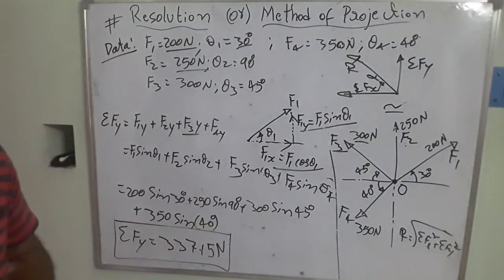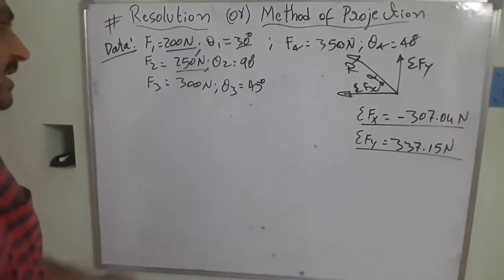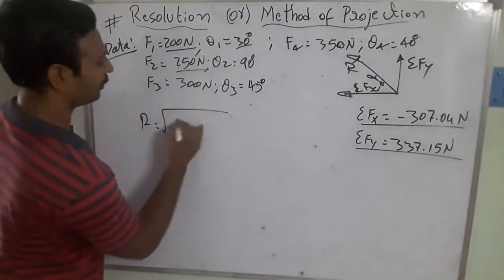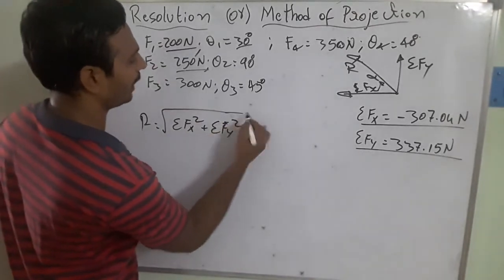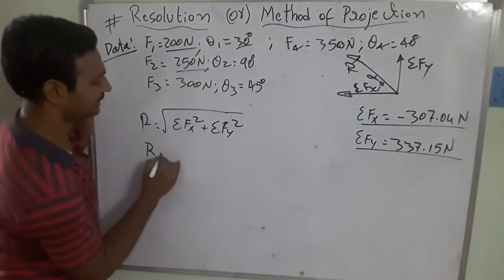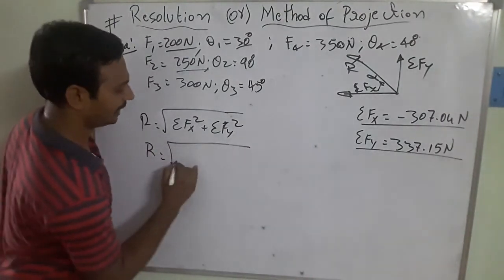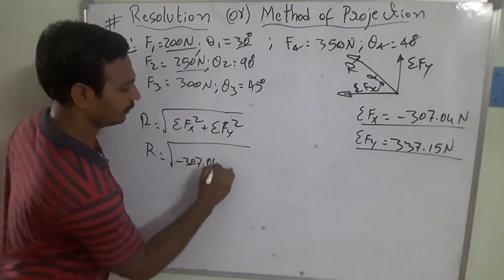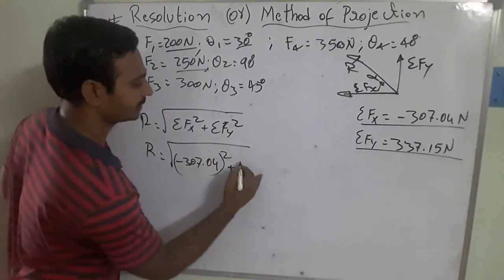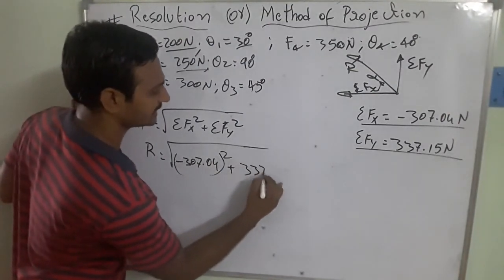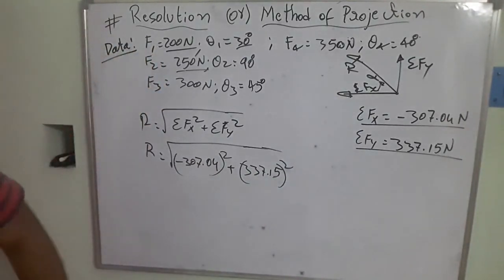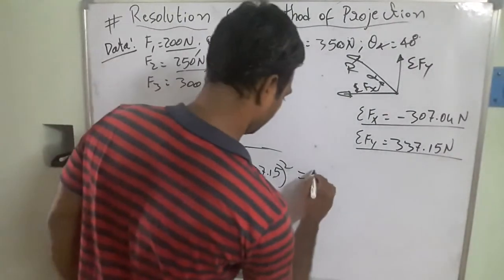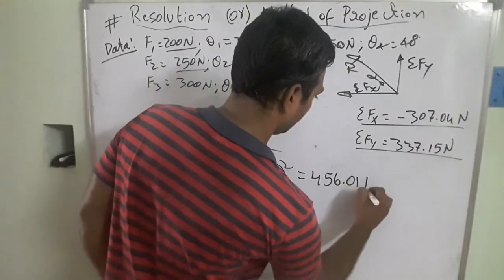The resultant R is the square root of sigma Fx squared plus sigma Fy squared. Substituting, R is the square root of minus 307.04 whole squared plus 337.15 whole squared, which simplifies to 456.01 newtons.